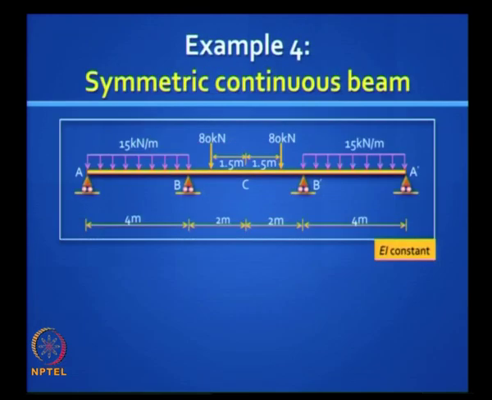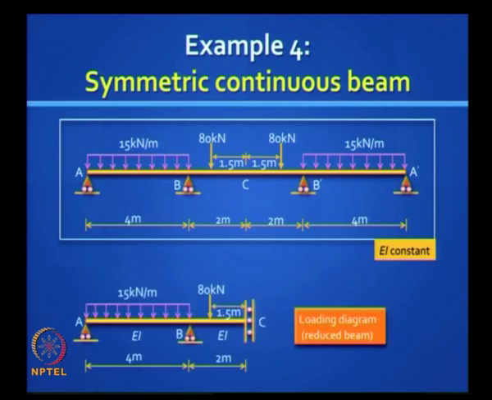We have done this example earlier, remember it is a symmetric continuous beam, so we can take advantage of symmetry. We cut the beam at the middle at C and insert, what kind of support do we insert there? A guided roller support as shown here.